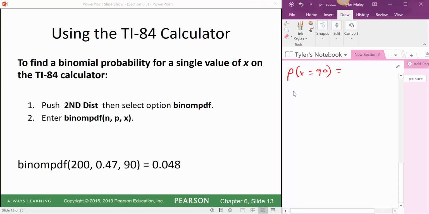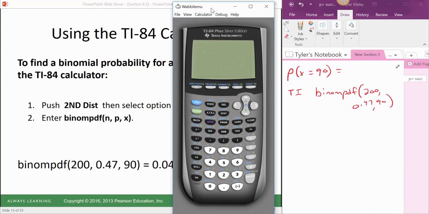To find this in the TI, we're going to take binomial PDF, and then we're going to put in 200, 0.47, and 90. Right? So let me open up my graphing calculator.